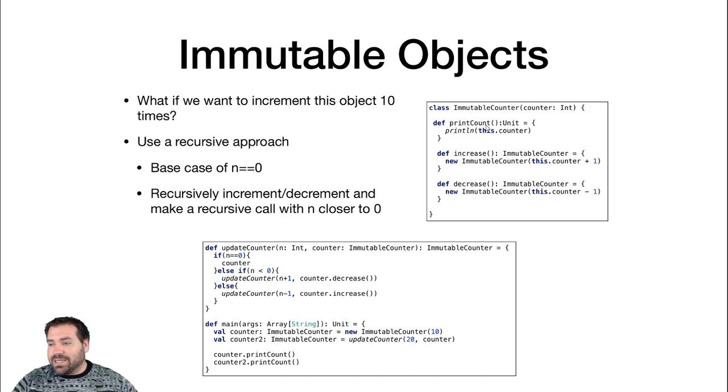Otherwise you wouldn't be able to check anything. You wouldn't be able to write a test case that says, is counter the right value? Because it's only being printed to the screen. Technically, you can capture standard output, you can capture what's printed to the screen, but we're not going down that road.